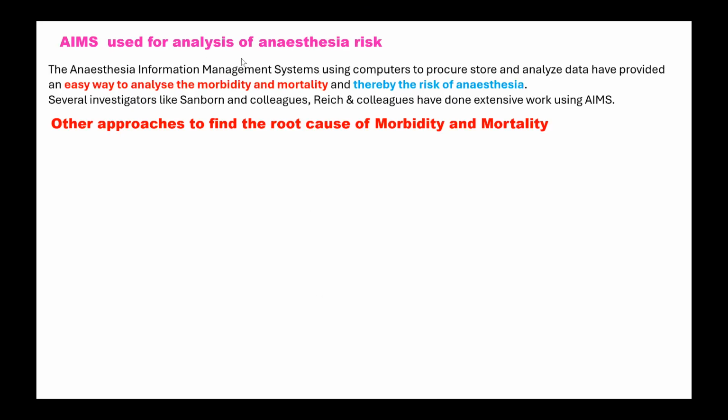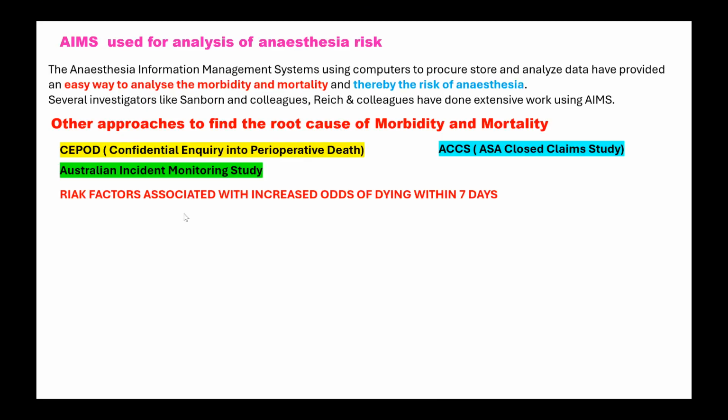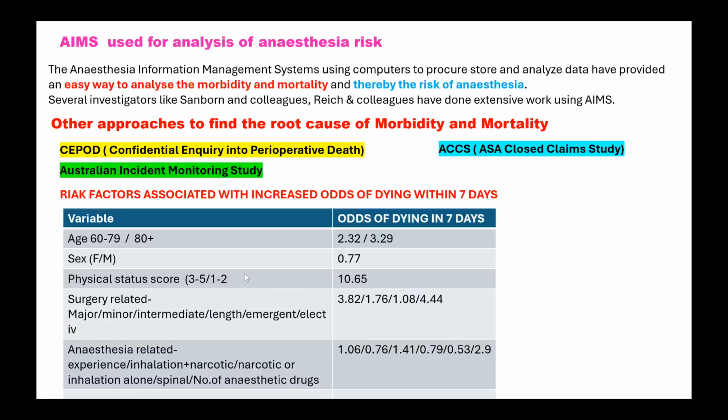Anesthesia risk also can be analyzed using this AIMS. The other approaches to find the root cause of morbidity and mortality were earlier CEPOD, the confidential inquiry into perioperative death, or the ASA closed claim study, and the Australian incident monitoring study. Now the risk factors associated with increased odds of dying within 7 days were found out.